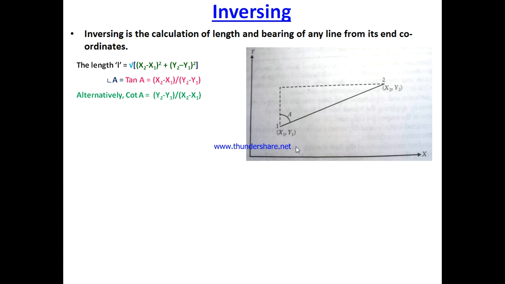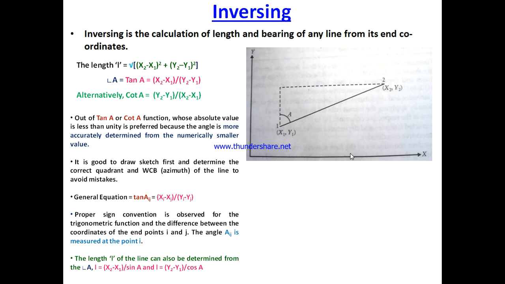And I will calculate the value of the slope of this line as tan theta, or I can say tan A, which will be equal to (x2 minus x1) upon (y2 minus y1). Alternatively, for cot A we can calculate (y2 minus y1) upon (x2 minus x1). Out of tan A or cot A, we have to choose that particular value which is coming less than unity.